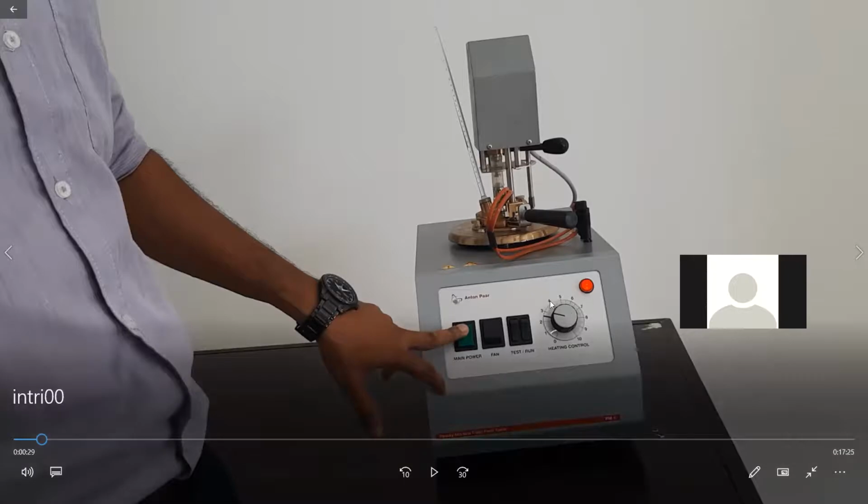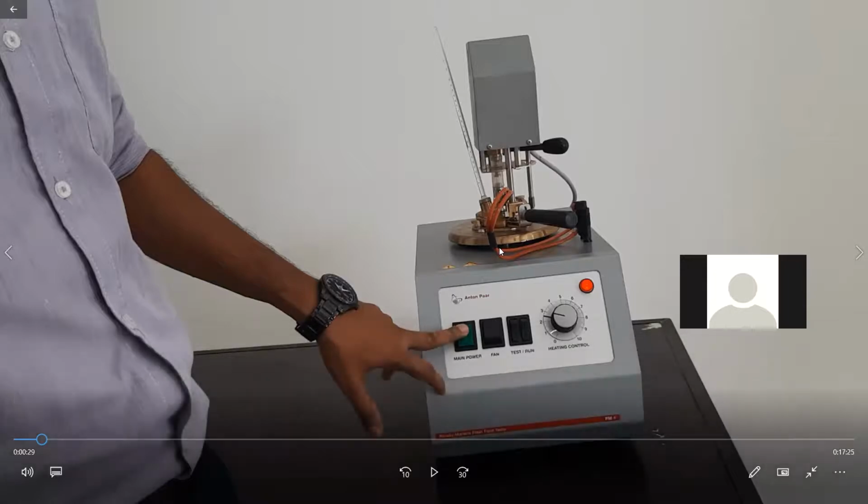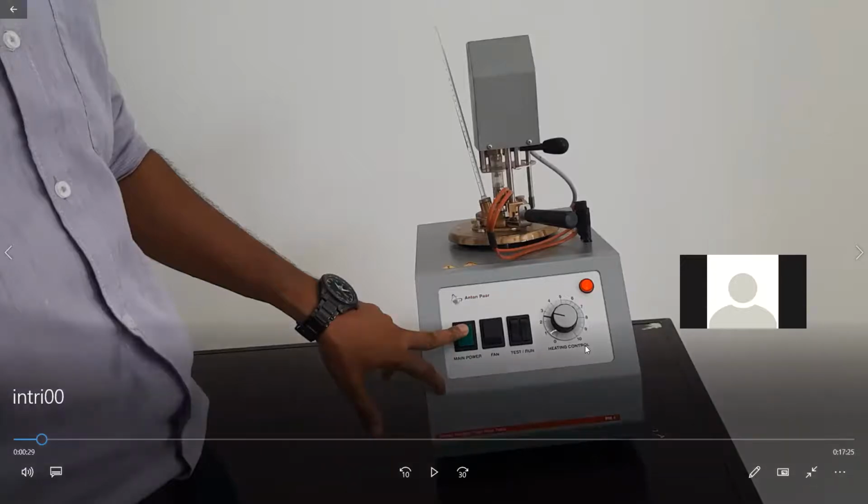Now this diesel fuel sample is at room temperature, 30 degrees Celsius, but we know the flash point is more than 52 degrees Celsius, between 52 and 96. Up to 52, we can increase very quickly if we want to save time.